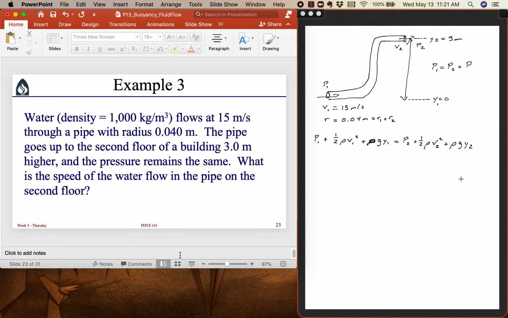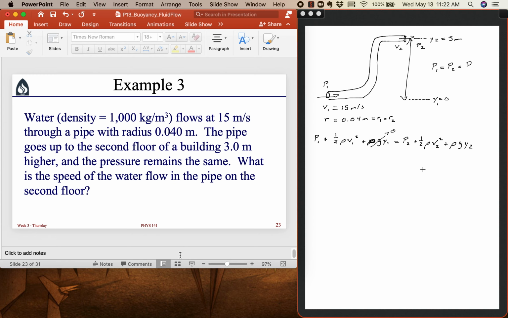All right, so as is the case when we are conserving energy, we should look to see if any of these things are going to be equal to 0 and if we can simplify this expression further. Well, we know that y1, as we've defined our coordinate system, y1 is 0. So that means the initial potential energy term is going to be equal to 0. So that makes things simpler.